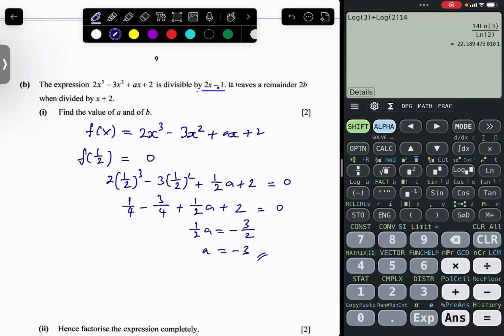Now, it leaves a remainder of 2b when divided by x plus 2. So that means if I take f of negative 2, the remainder is 2b.